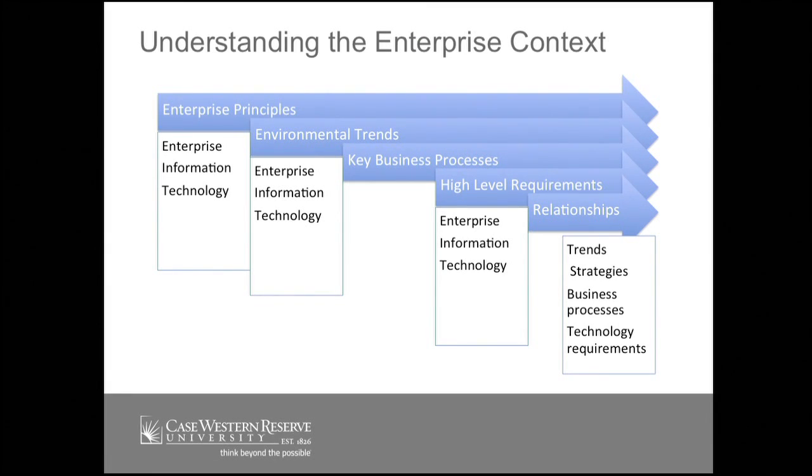And then the next area you want to look at is the key business processes. So these are the high level. You stay very high level of how a corporation operates. So, for example, in higher education, the first thing you want to do is recruit students. Then you want to admit students. You want to sign them up for classes.